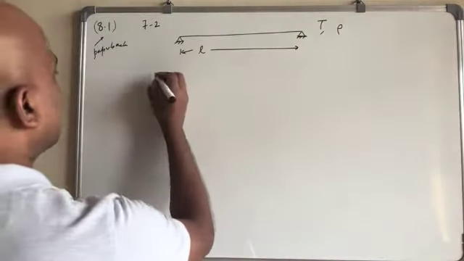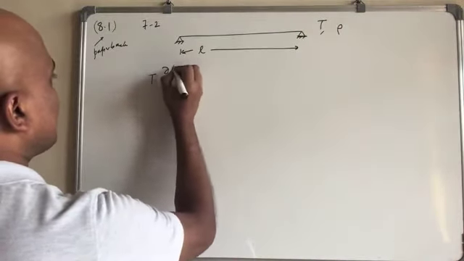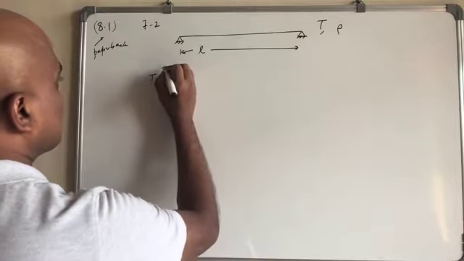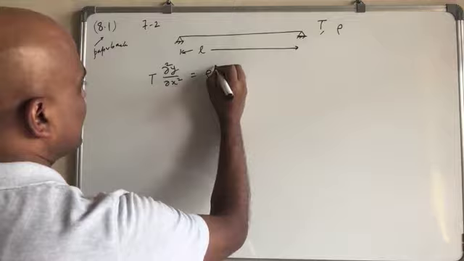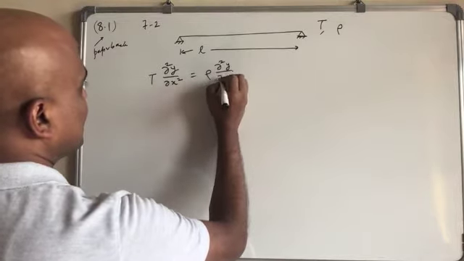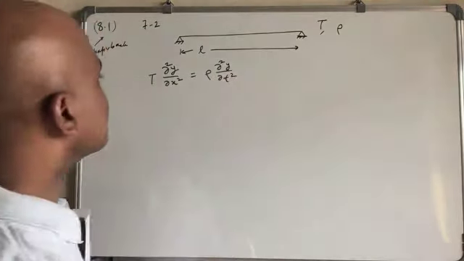The equation that we got was T del square y over del x square equal to rho del square y over del t square. So this is the equation.